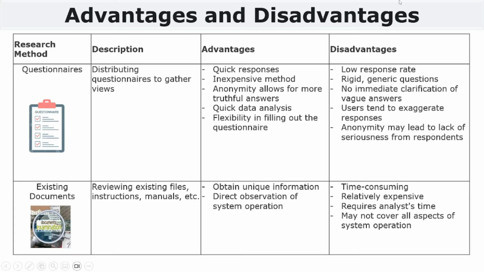It can be improved upon. So direct observation of the system operation is what you see if you look at a receipt. That explains the last part as an advantage. You can directly see how the system operates when you look at the document.